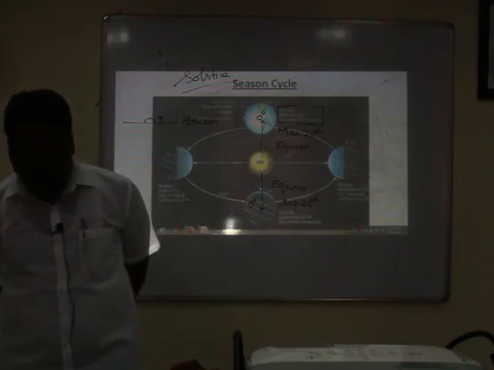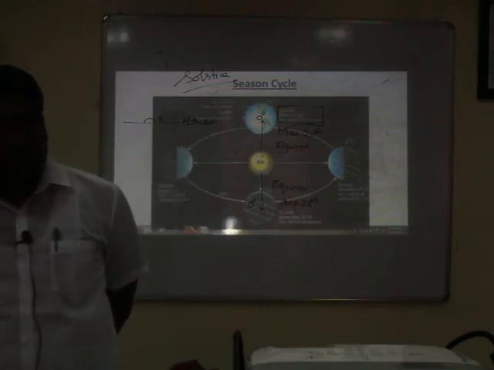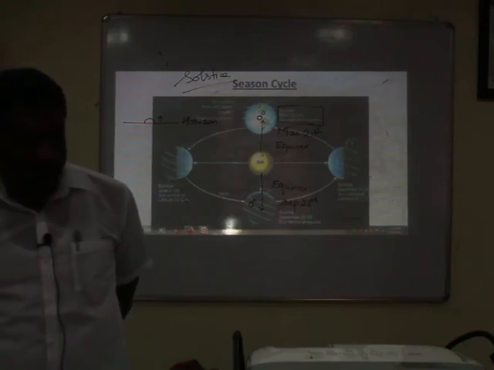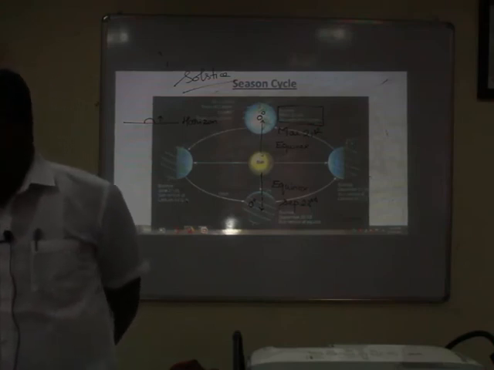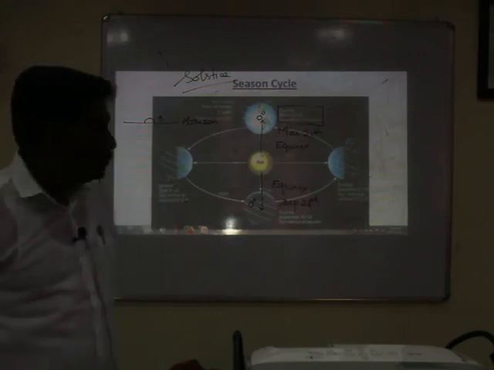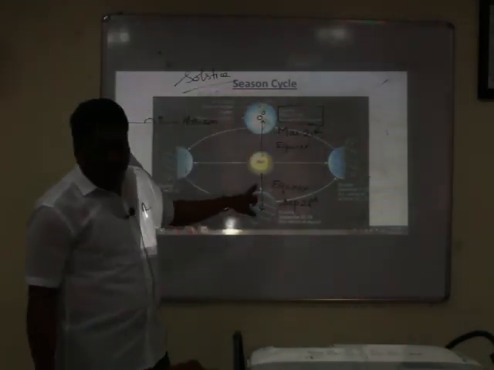It occurs twice a year. That is, on March 21st. My dear friends, equinox occurs twice a year, March 21st and September 21st.